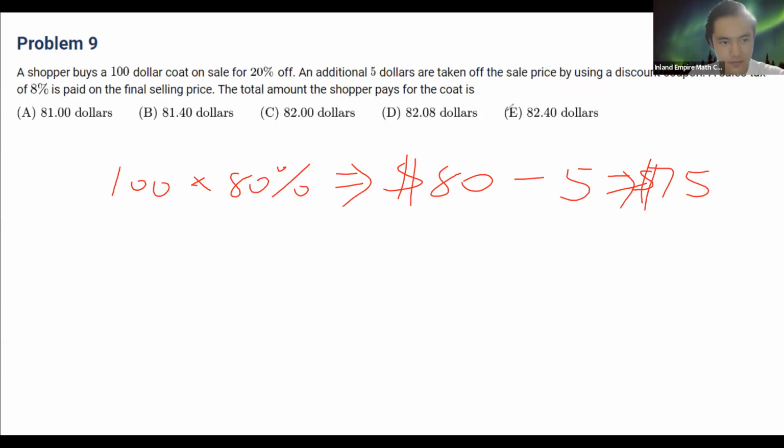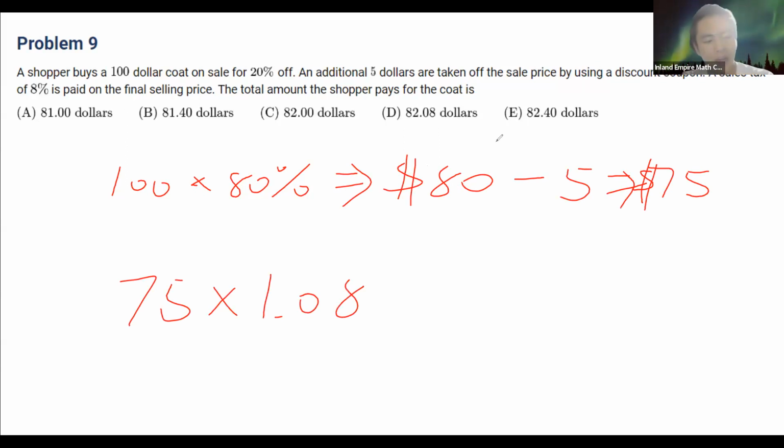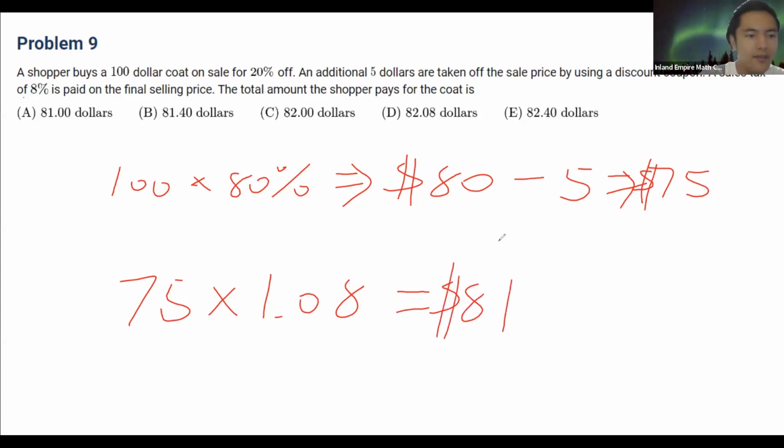Finally, since you have to add an extra 8% tax, you multiply by 1.08. That's equivalent to 108%, because you add the extra 8% to the 100% of the amount you're already paying. That gives you $81. So the answer is A.